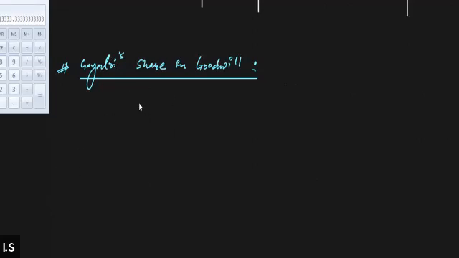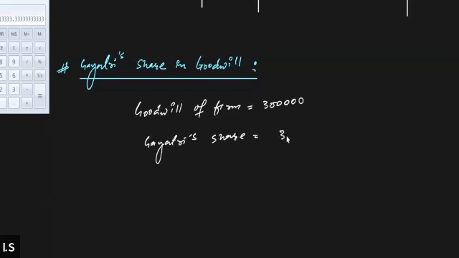So goodwill of the firm is 3 lakh, so Gayatri's share will be 3 lakh into 5/10, right?